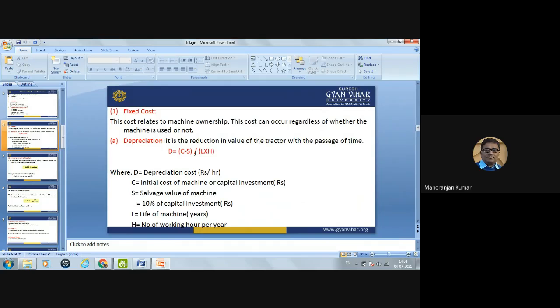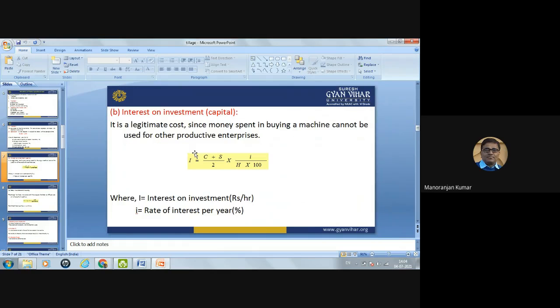Now, the second parameter of the fixed cost is interest on investment. This is a legitimate cost since money spent in buying a machine cannot be used for other productive enterprises. You can calculate this interest on investment by using this formula: I = ((C + S) / 2 × i) / (H × 100).